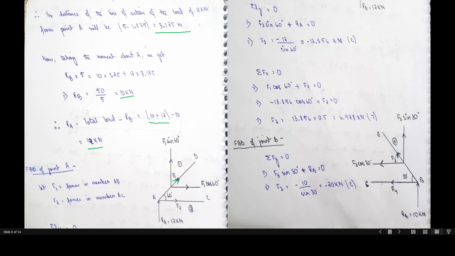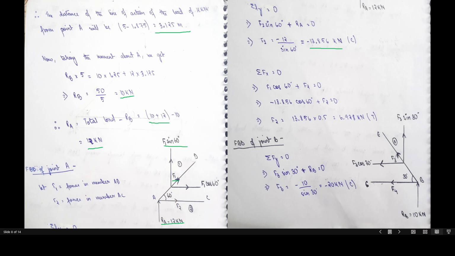Then we'll solve using the equilibrium conditions. We know that the sum of all the vertical forces is 0. So F1 sine 60 plus 12 is equal to 0. Both are in the same direction, so they will be added up. From this we get F1 is minus 13.856 kilonewton, and since it's negative, we can simply write it's in compression.